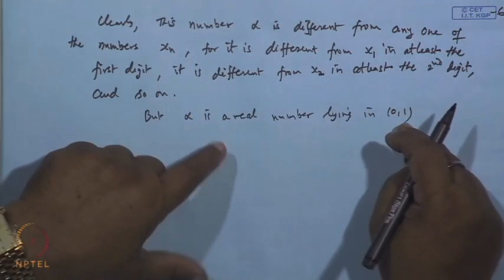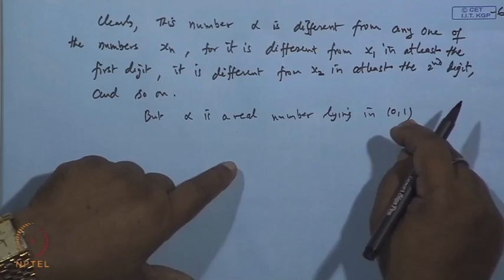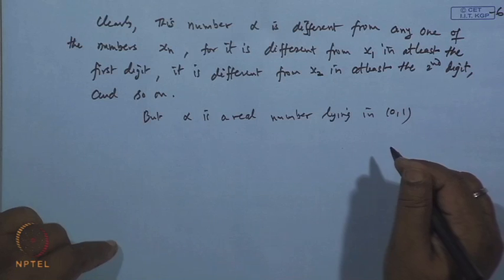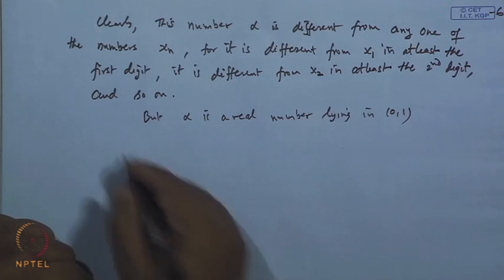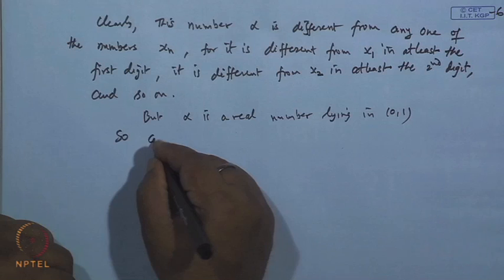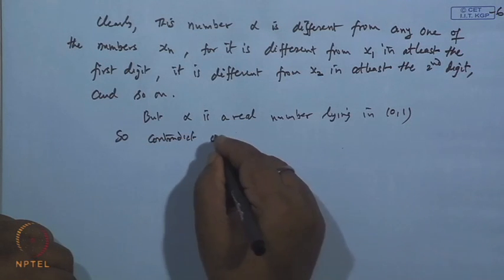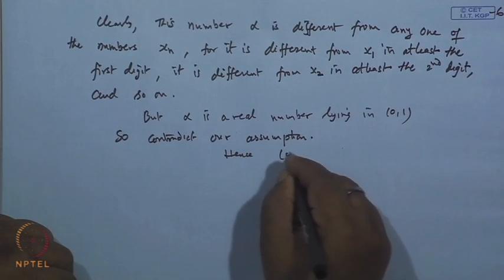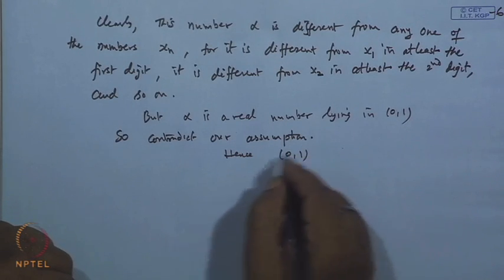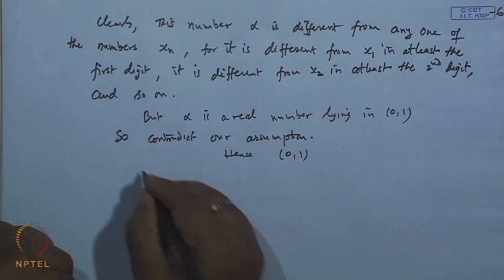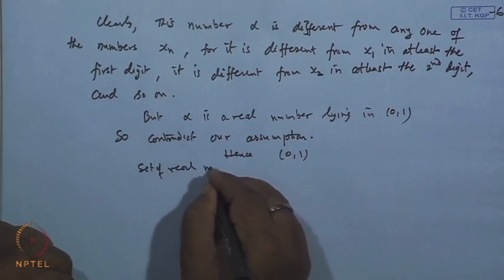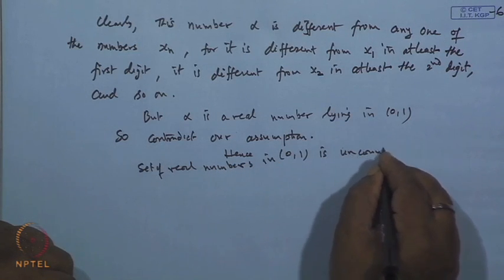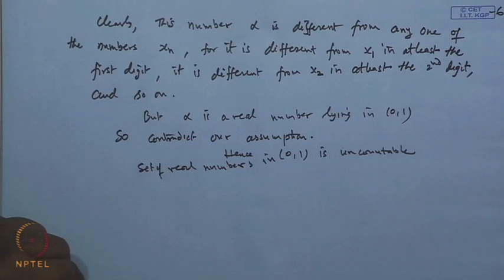It means that our assumption is wrong, because if it is countable, then alpha must be one of the x n's, but this is not true. So, that contradicts our assumption. Hence the set of all real numbers in the interval 0 1 is uncountable, is not countable, and that is proved.